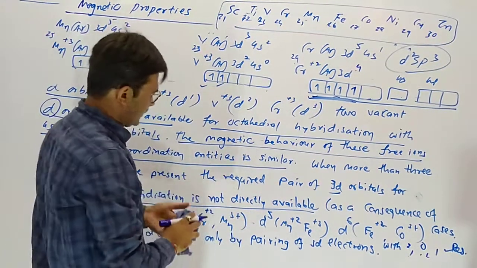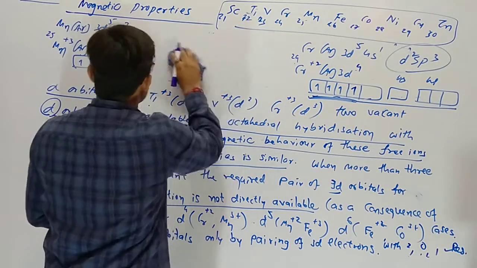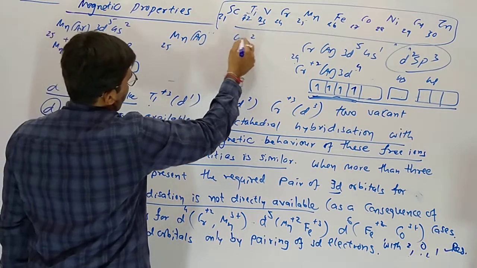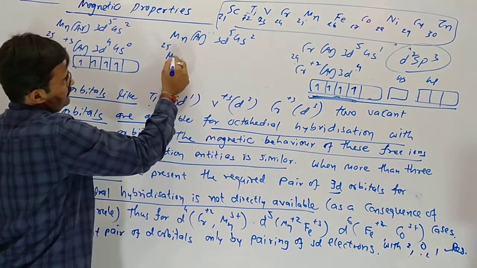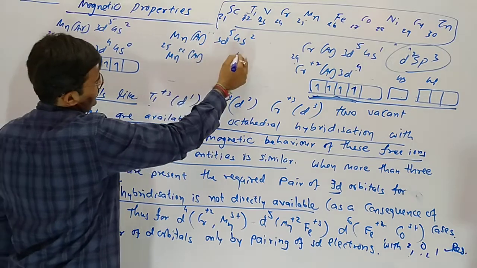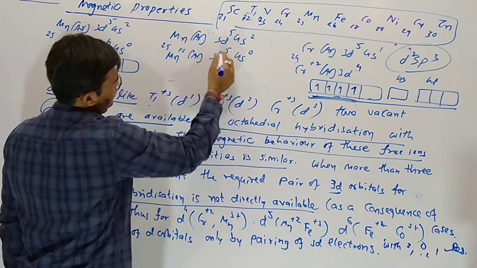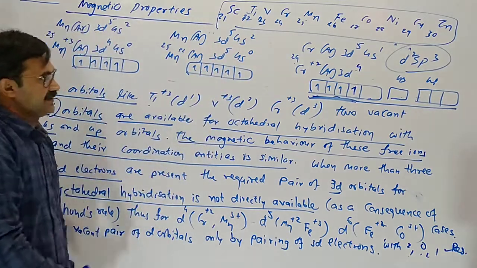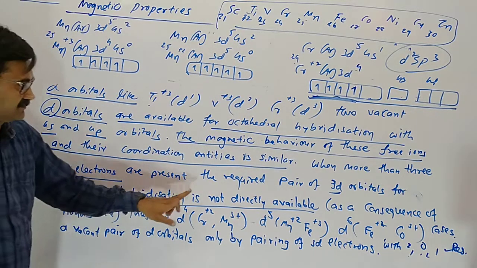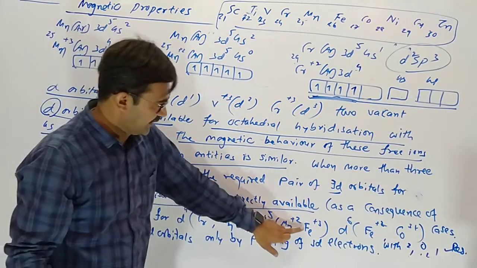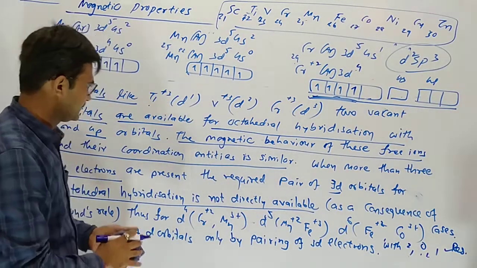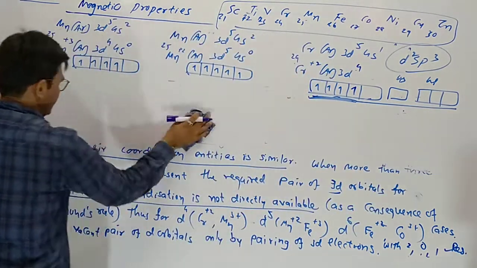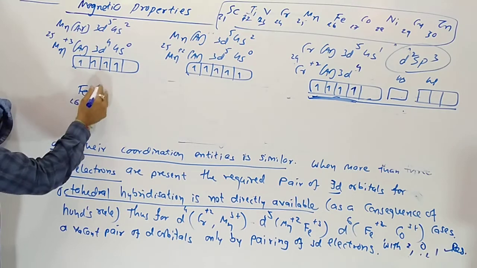Now in Mn plus 2, manganese 25, 4s2 3d5. In Mn plus 2, 2 are removed, remaining 5 electrons. All the 5 d orbitals possess 1 electron each, Hund's rule. So there is d5. Like this in Fe plus 3. In Fe, atomic number is 26.